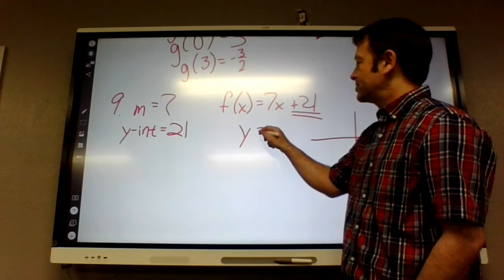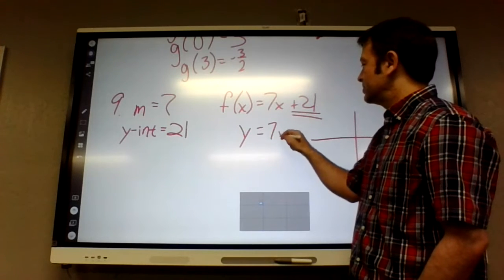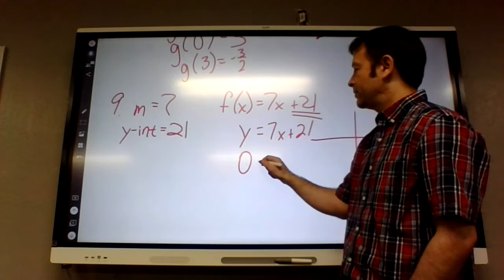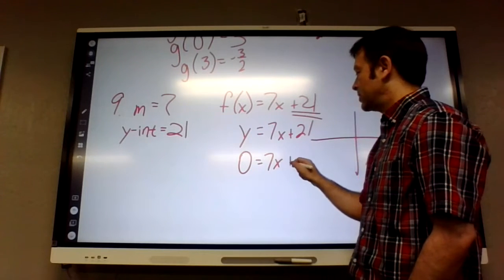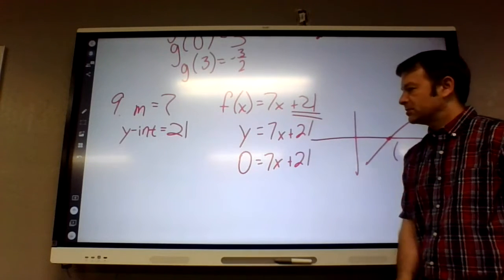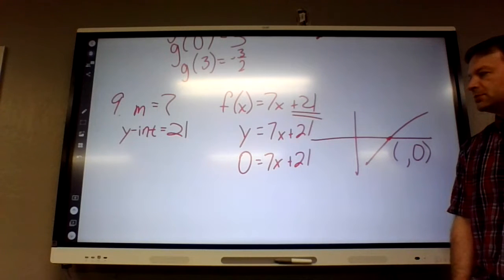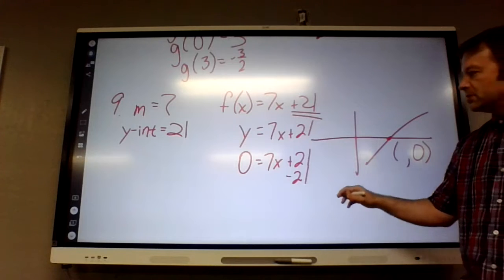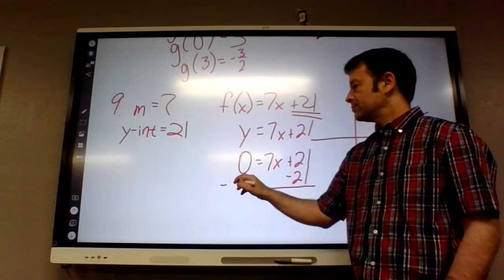In this case, f of x is standing in for the y. So you put 0 in for f of x and solve for x. -3.